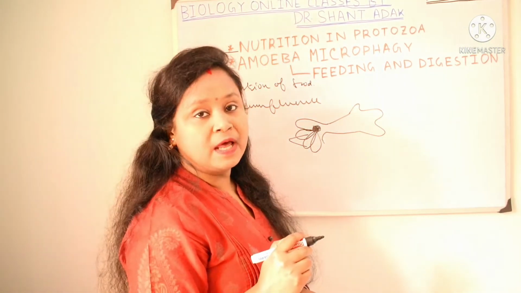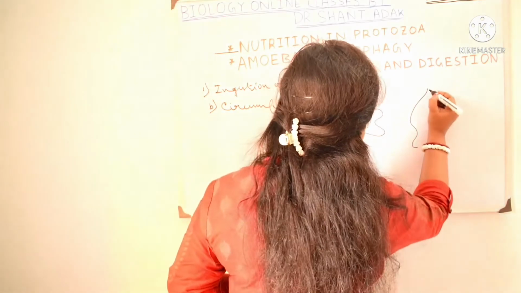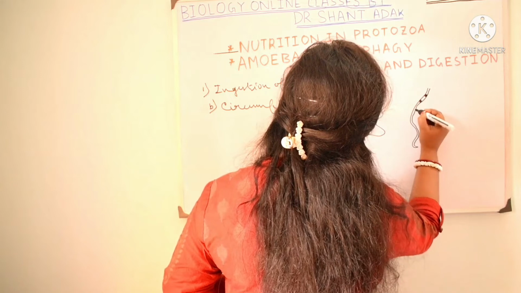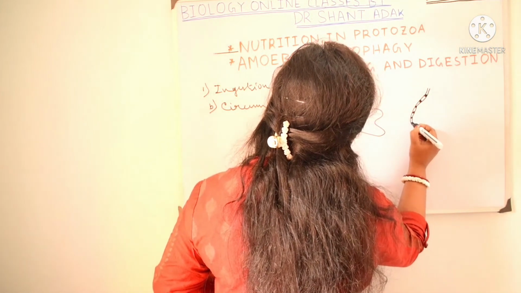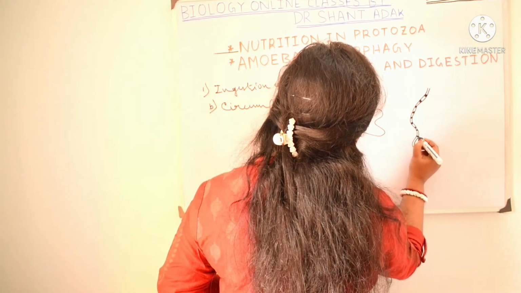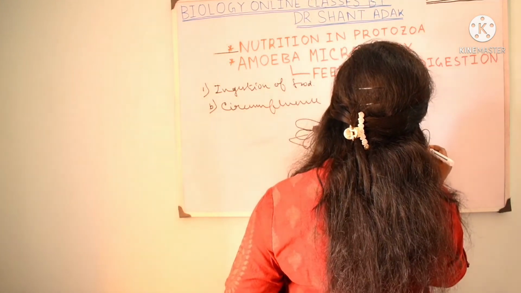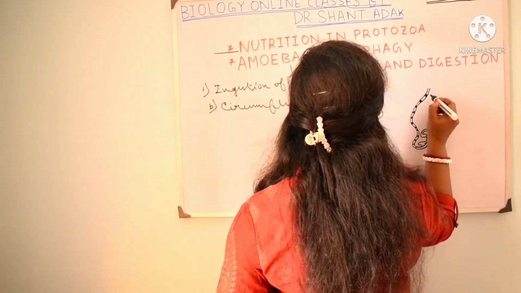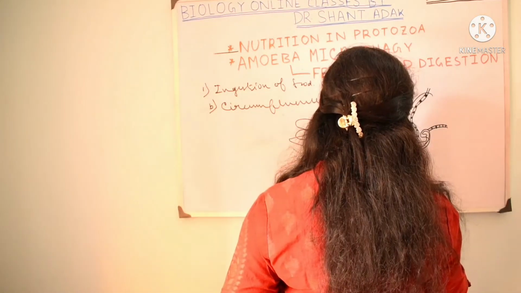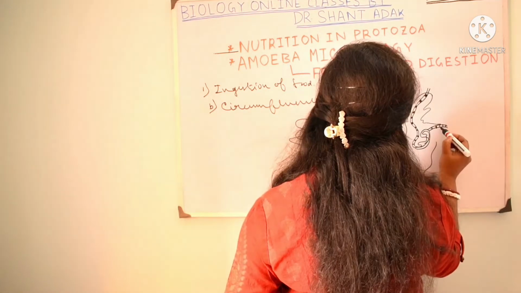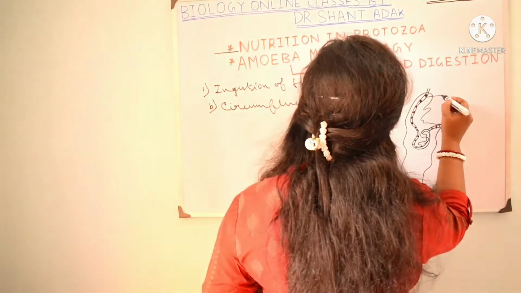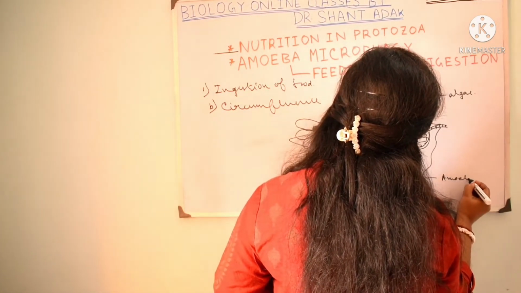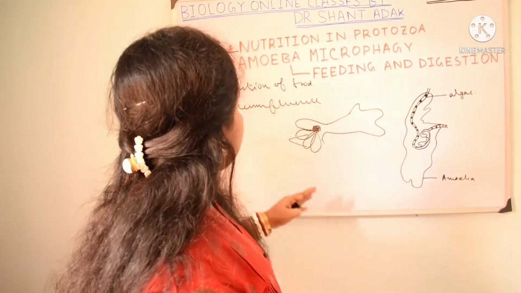And when it ingests a long filamentous alga, this is the long filamentous algae, and this is the body of amoeba. So this is the circumfluence process.